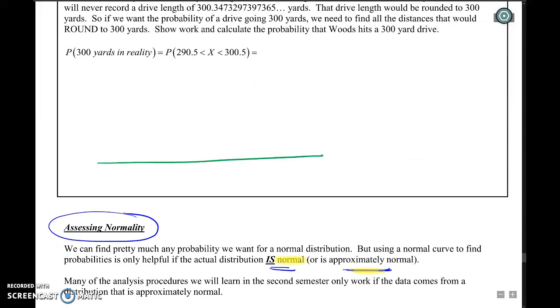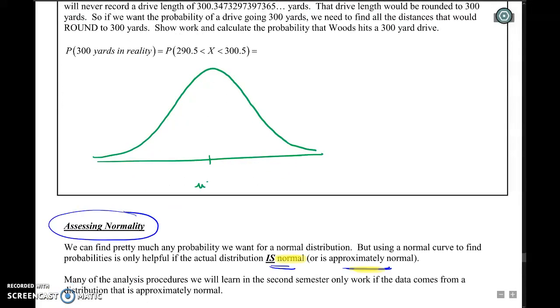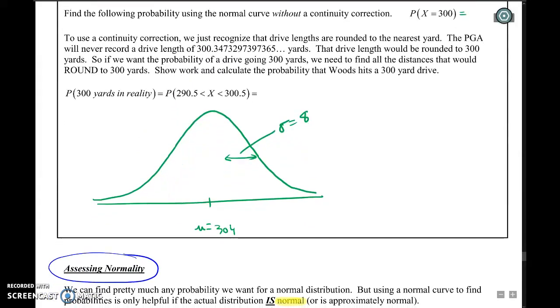So let's draw it. The mean is 304. Standard deviation, what was it, 8. And if I want to know the probability that it hits it exactly 300, it's going to be right around here.